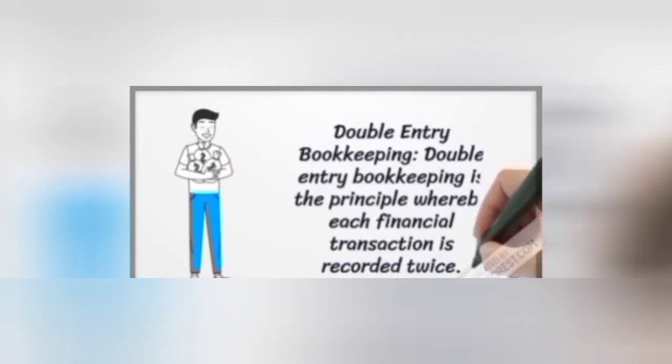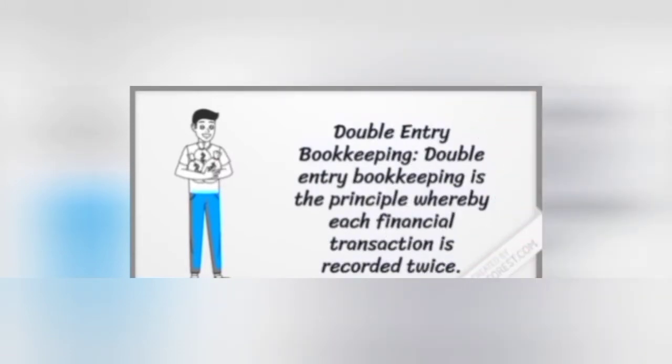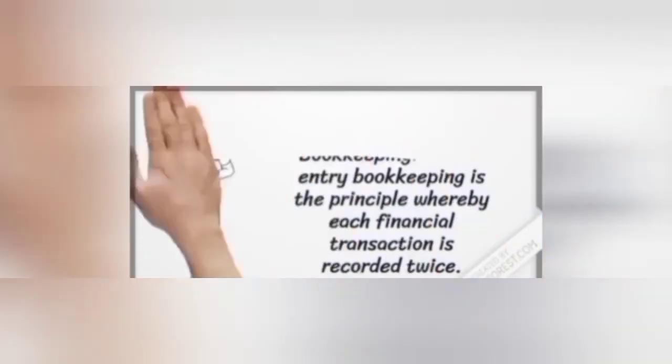Double entry bookkeeping is defined as the principle whereby each financial transaction is recorded twice. And the people responsible for this recording are the bookkeepers or an accountant.